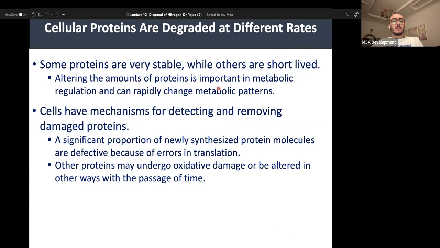This slide is talking about the cellular. Let me read the title, it's better. Cellular proteins are degraded at different rates. What do we mean here? It's just an introduction to what's coming next: how are the amino acids being digested, how are they being broken down, and so on.